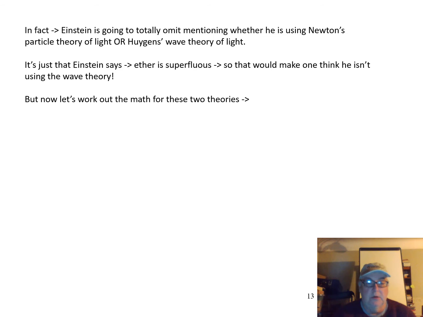In fact, Einstein is going to totally omit mentioning whether he's using Newton's particle theory of light or Huygens wave theory of light. It's just that Einstein says ether is superfluous, so that would make one think he isn't using the wave theory. But now let's work out the maths for these two theories.